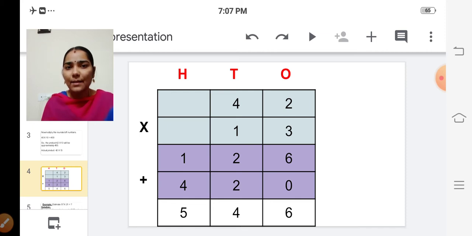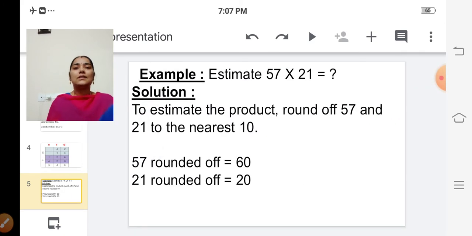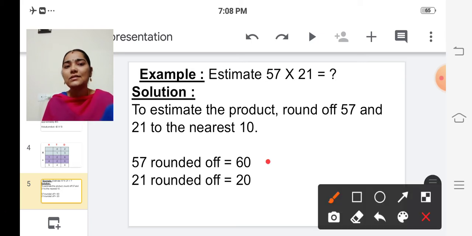So shall we see one more example? Yes. See the next example. Estimate 57 into 21. In the first step, what do we have to do? We have to round off 57 and 21 to the nearest 10. 57 can be rounded off to 60 because 57 is greater than 55, isn't it?